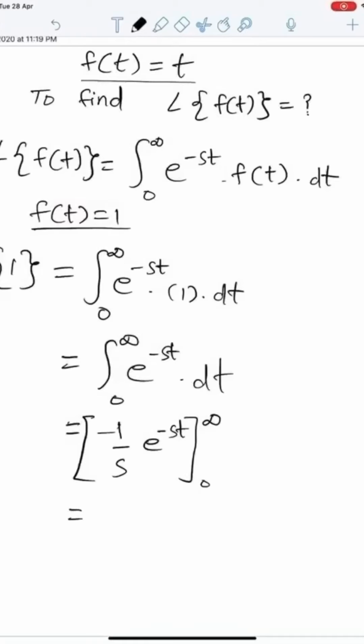Now negative 1 over s is a constant, so I'll just take that outside. Now this would be e to the power negative st. E to the power negative st is 1 over e to the power s times t, evaluated from 0 till infinity.